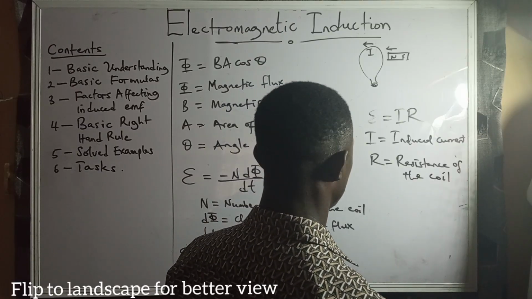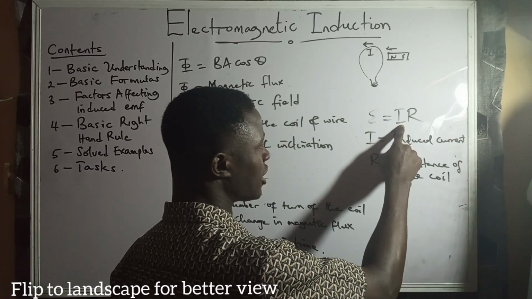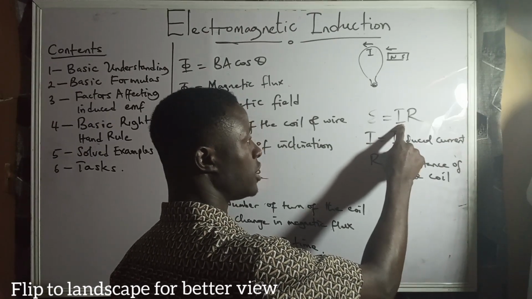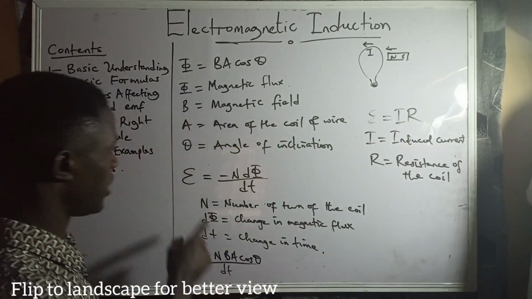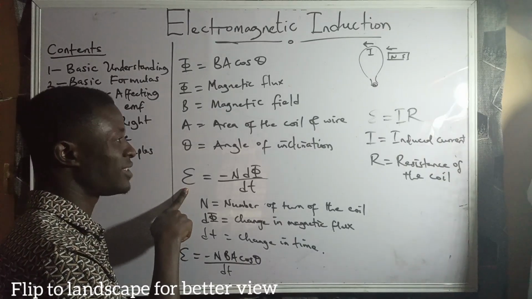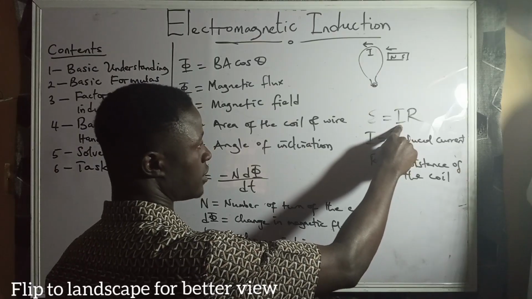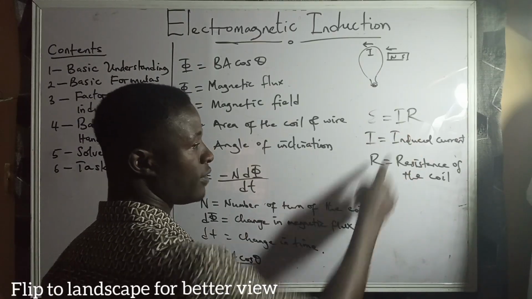If a question asks you to find the induced current, find your induced EMF first. Once you find your induced EMF, you can use this formula to find your induced current. Of course, in the question, you must have been given your resistance.